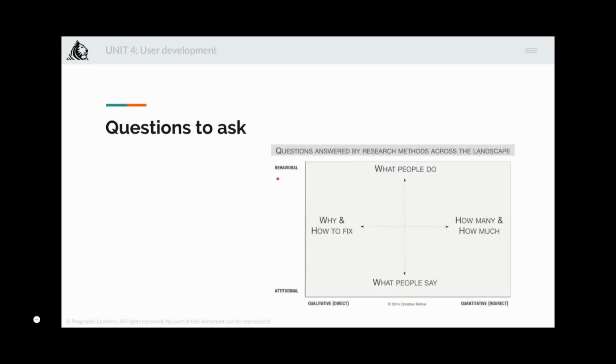And what people say is attitudinal. Why and how to fix is on this side, and how many, how much is somewhere on this side. So if you're using one of the methods lying somewhere here, you will get answers to these kinds of questions: what people are doing and by how much they're doing.